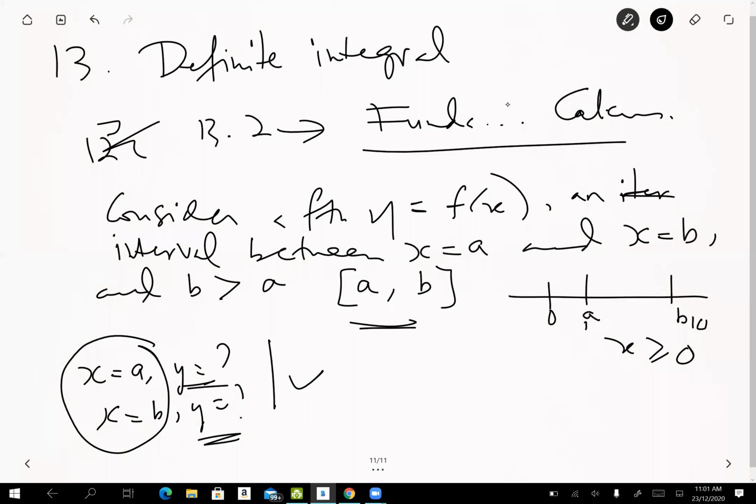Then the definite integral, we just call it F. So F is equal to the integral of f of x dx.